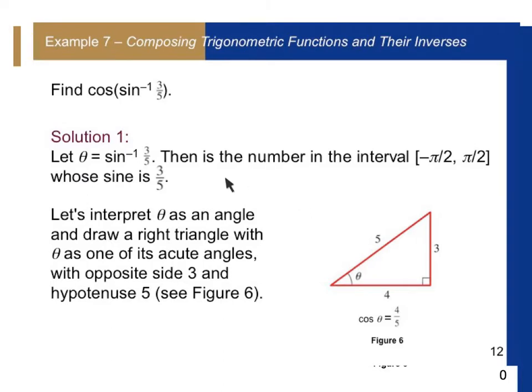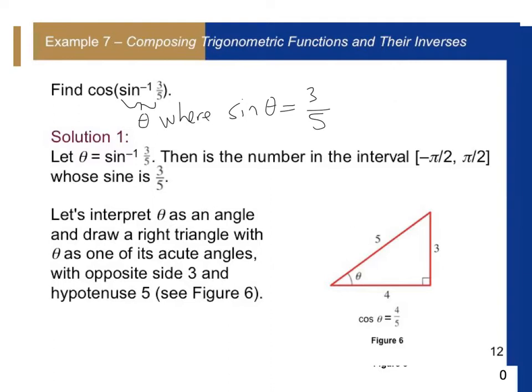Okay, now let's go a little farther with this. Let's say we want to take the cosine of the inverse sine of 3/5. Now these don't cancel out, right? Because cosine and sine are different functions, and it's not sine of inverse sine. So here, this inverse sine is some theta, where the sine of theta is 3/5.